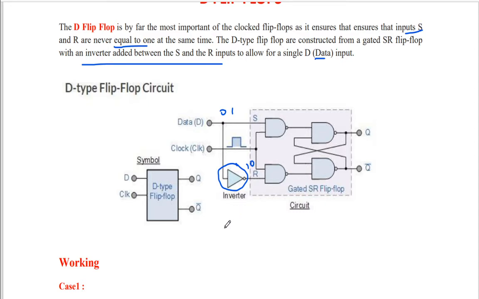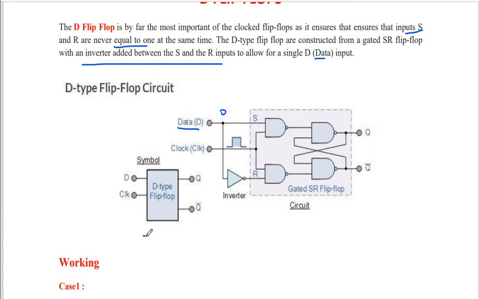So simultaneously both S and R are not going to have the same input at a given point of time. We have a NOT gate added as an inverted complement to the R input of the lower NAND gate. The clock pulse and other things remain the same, and we have only one input coming, that is the D input.